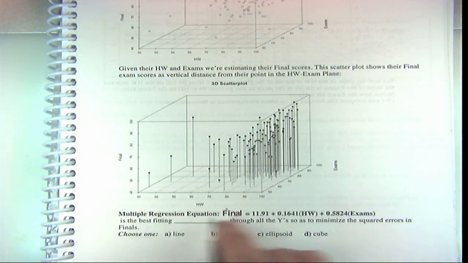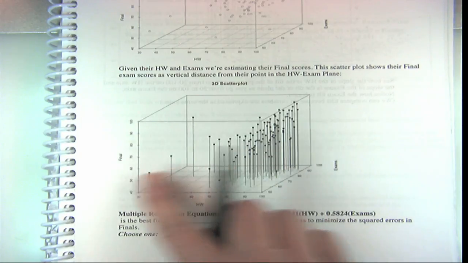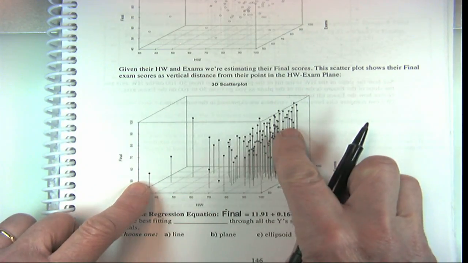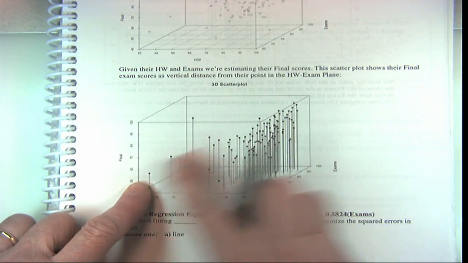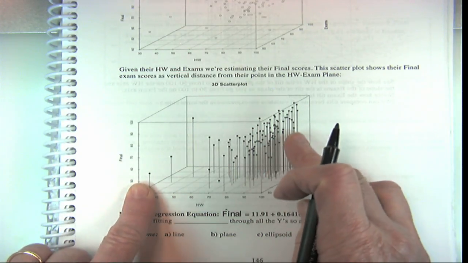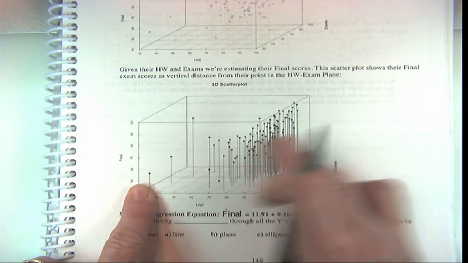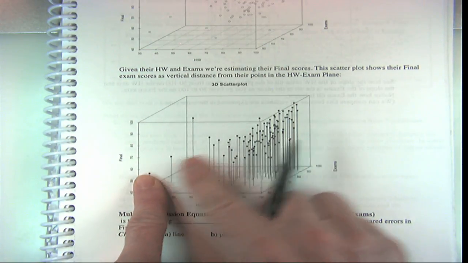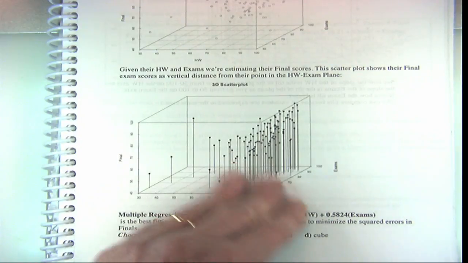See all these dots here? Now what we're trying to find is the best fitting plane through these points. Obviously we're not going to hit all of them, but we want the best fitting one to do what? To minimize the sum of the squared errors in what? That's your next iClicker question.